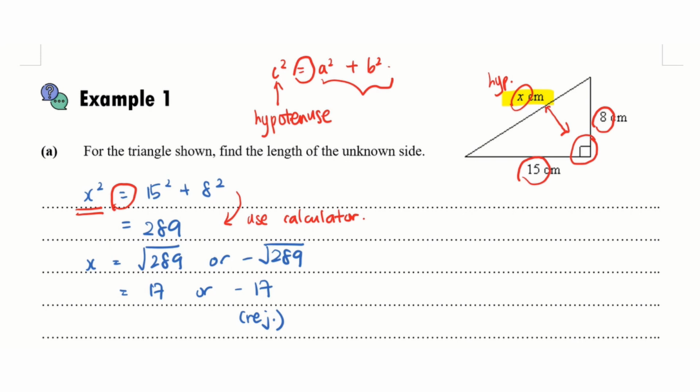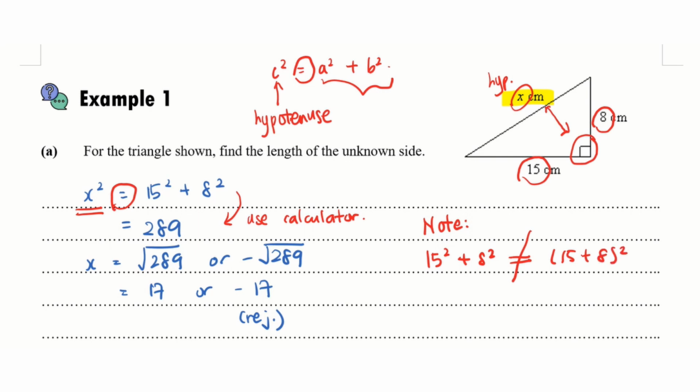I want you to take note, just in case some of you are thinking this way, that 15 squared plus 8 squared is definitely not equals to 15 plus 8 bracket square.